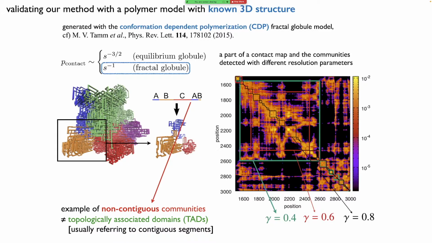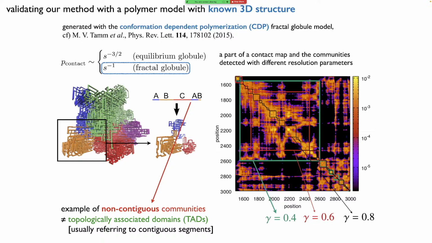In fact, many conventional TAD detection methods impose such a strictly hierarchical restriction. So our method is quite flexible and versatile in terms of expressive power. I'll show you examples of such versatility for the Hi-C map data later. But for now, I'll provide some evidence of the validity of our method with the fractal globule model here.